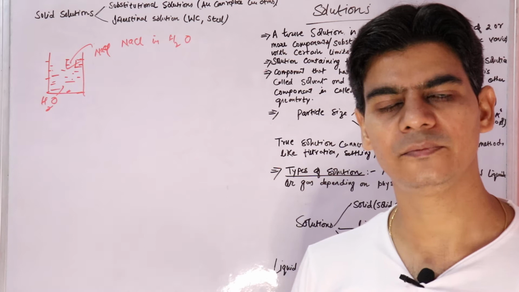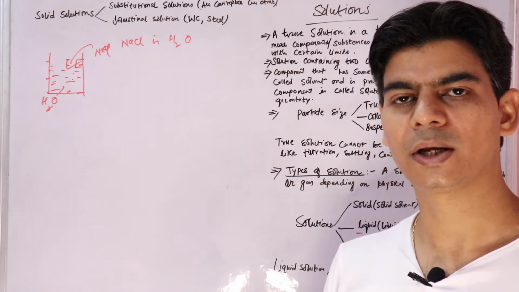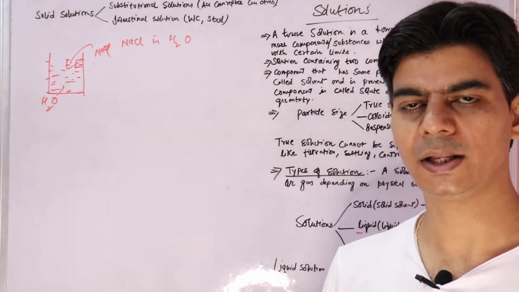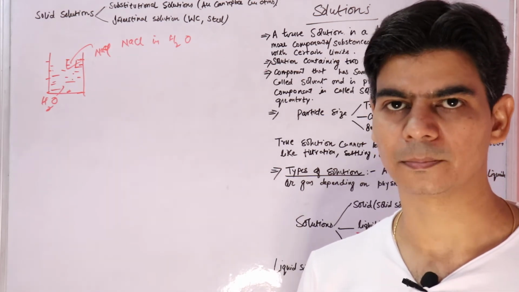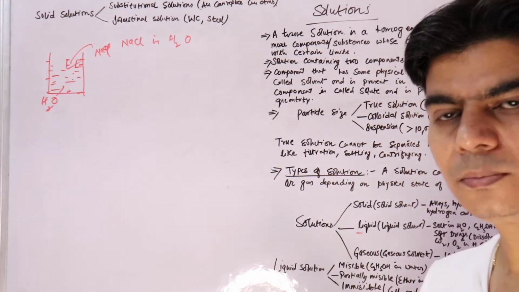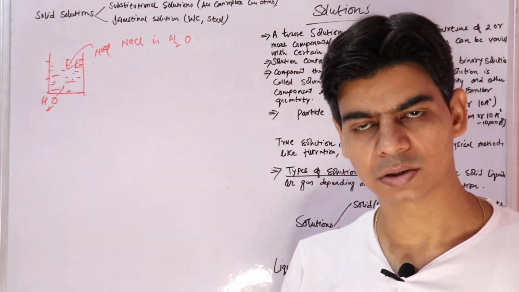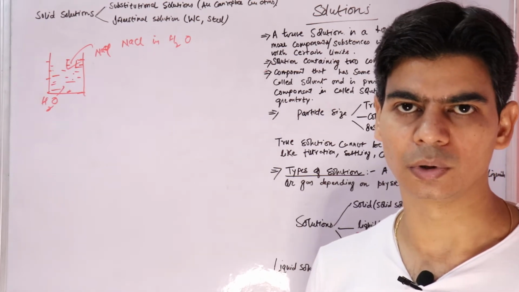When we commonly make a solution of sodium chloride or sugar in water, we take less sugar or salt and more water. So in a solution, the component in larger quantity is the solvent and the component in lesser quantity is the solute.